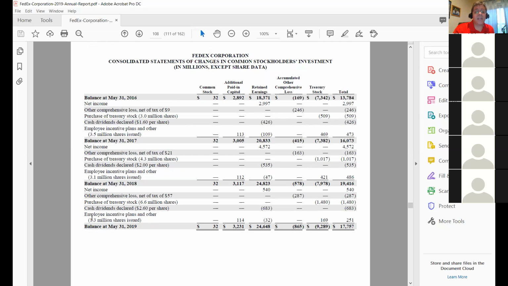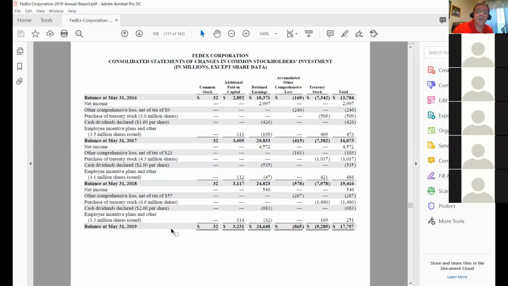But we can see here that employees received 1.3 million shares as part of this incentive. Now that could have been spread amongst 1.3 million employees who only got one share each. We can't tell that. We just know that it was in total. Okay.